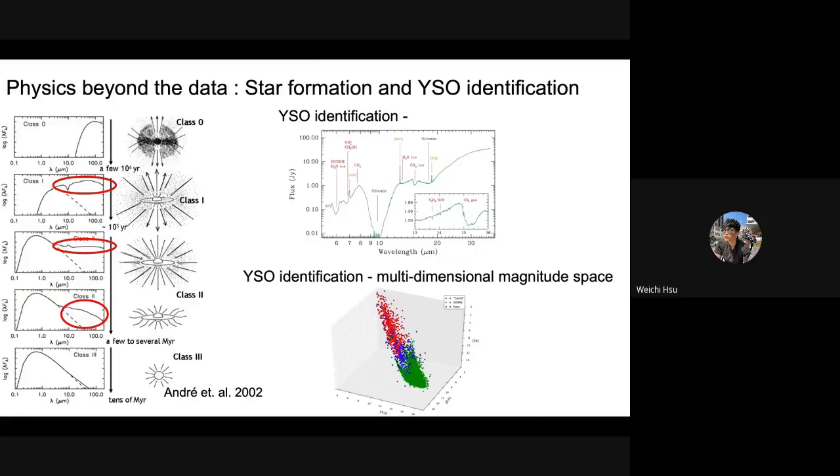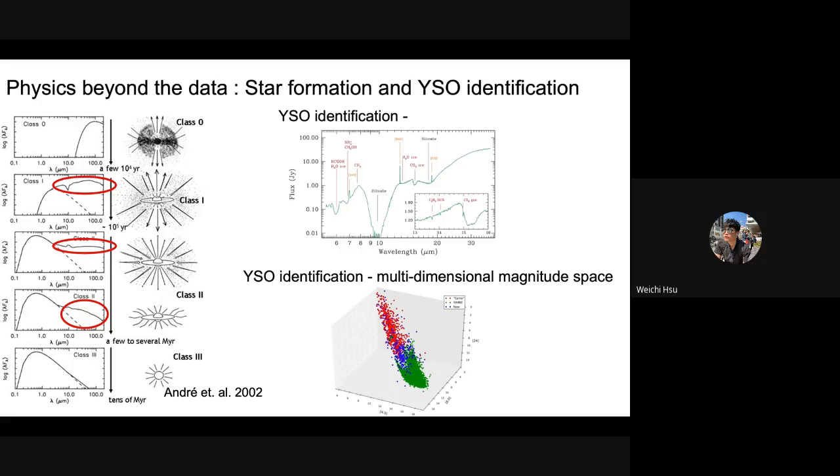Next. So for the star formation and YSO classification, as in Professor Dawei's speech, we know that the YSO can be separated into 4 classes, class 0 to class 3. And then the left-hand side is the spectral energy distribution of each class.